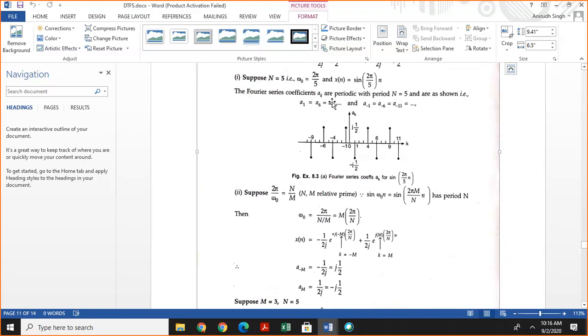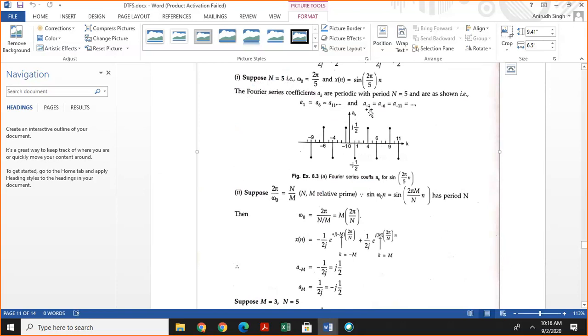The Fourier coefficients ak are periodic with period N equal to 5. So we get a1 is equal to a6, meaning 1 plus 5 is 6, and 6 plus 5 is 11. So a1 is equal to a6 is equal to a11.